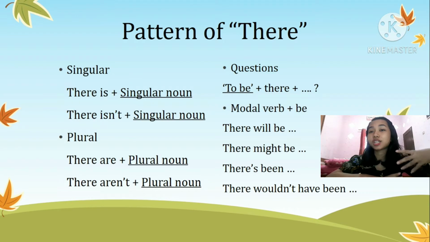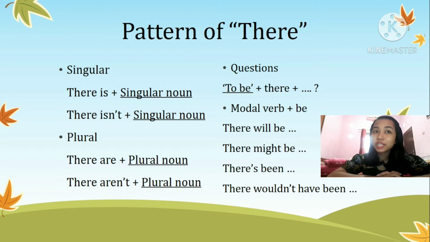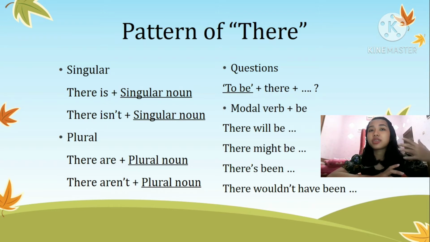So, as you can see on the screen, these are the patterns of there. The first one is singular. For singular, you can use there is plus a singular noun when you want to say something exists. And if you want to say something that doesn't exist but is singular, you can use there isn't or there is not plus a singular noun.